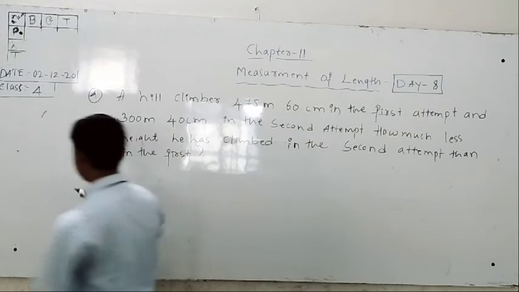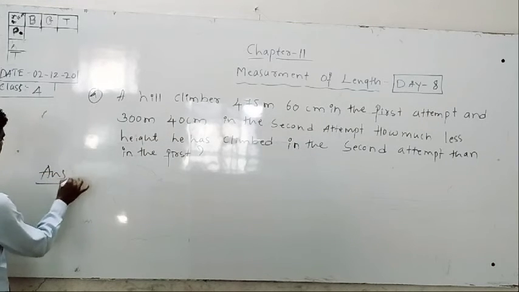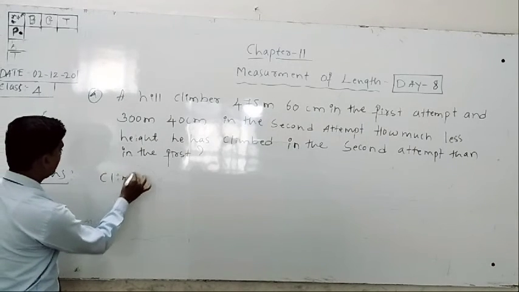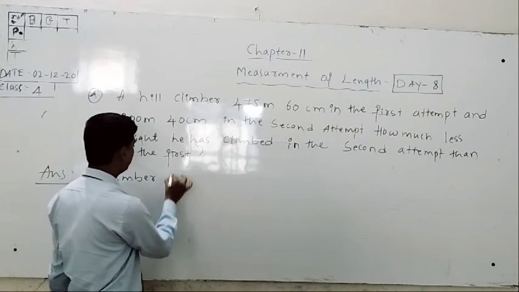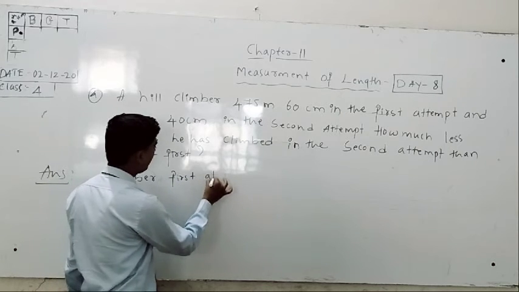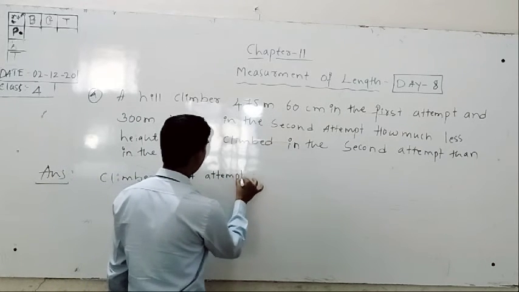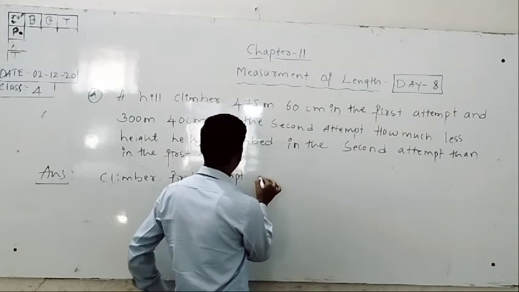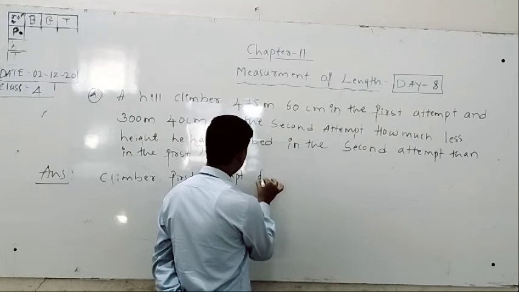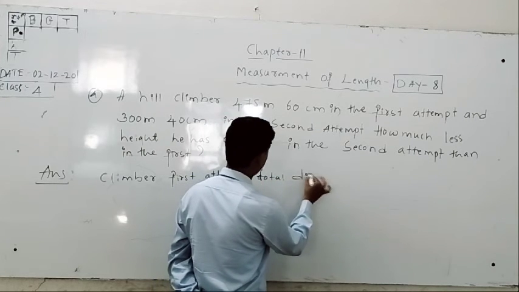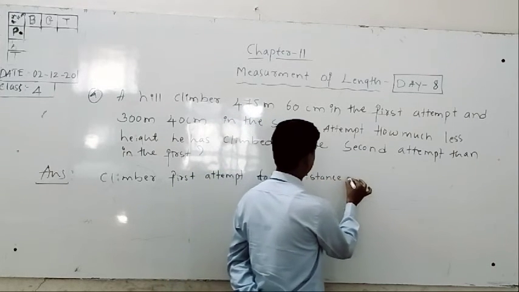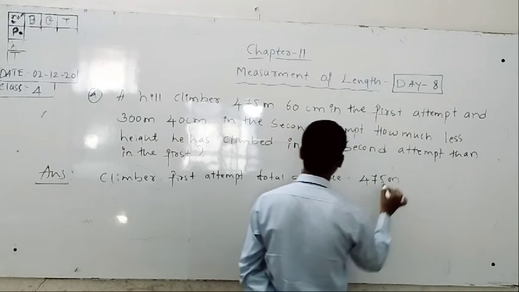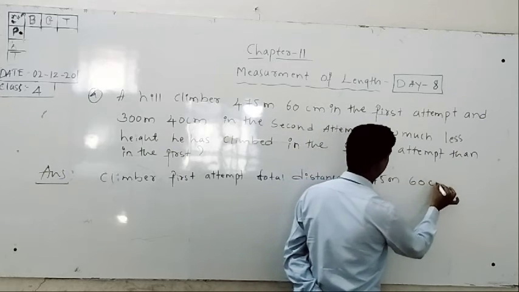Then you should write the answer here. The climber's first attempt total distance, how much? 475 meter 60 centimeter.